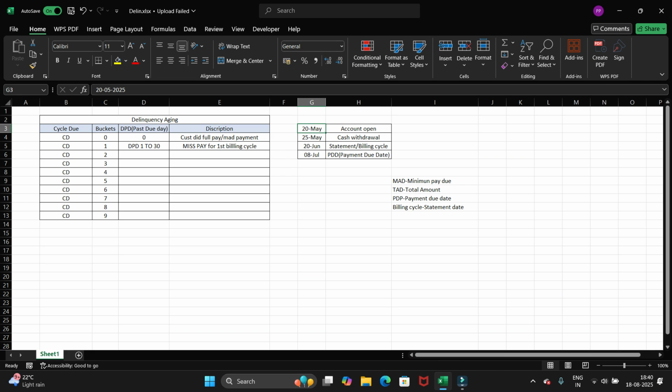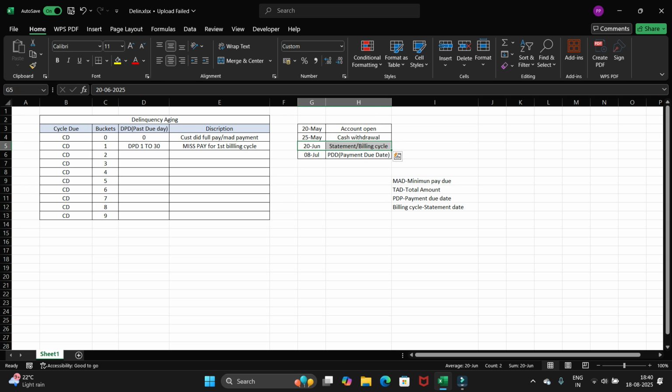For example, I have opened an account on 20th May. Then I activated my card and did a cash withdrawal transaction on 20th May. My statement will be generated on 20th June, as my account opened on 20th May, so the statement will have 30 days.